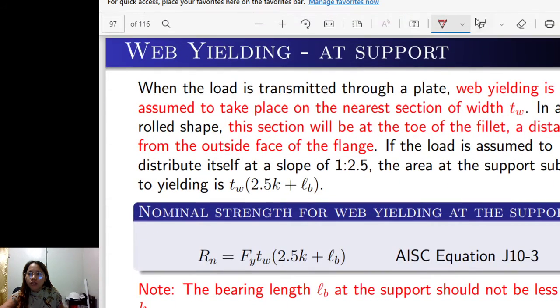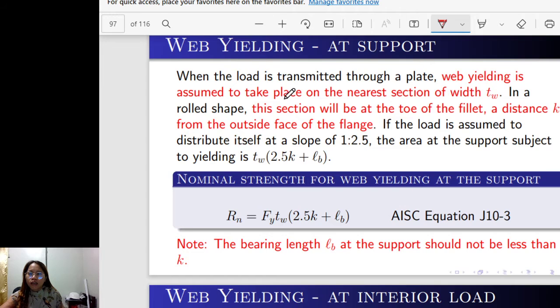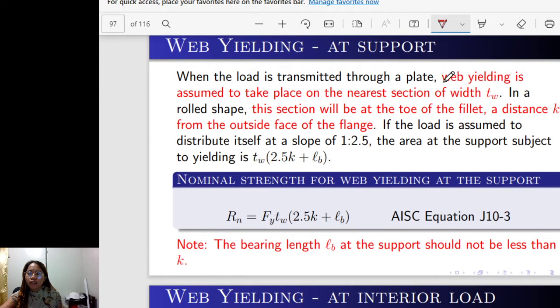Web yielding at support. This is when the load is transmitted through a plate. Web yielding is assumed to take place on the nearest section of width TW. So at support, there is load at support.